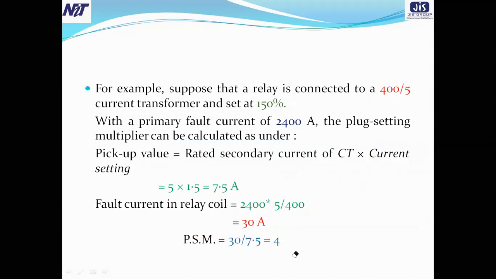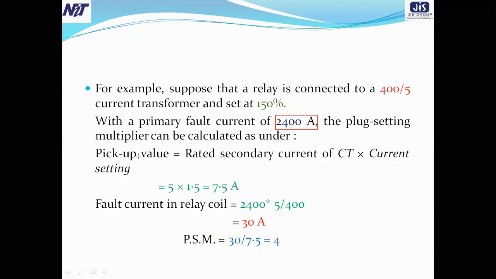Now here, for an example, suppose that a relay is connected to a 400 by 5 current transformer and set at 150% with a primary fault current of 2400 ampere.